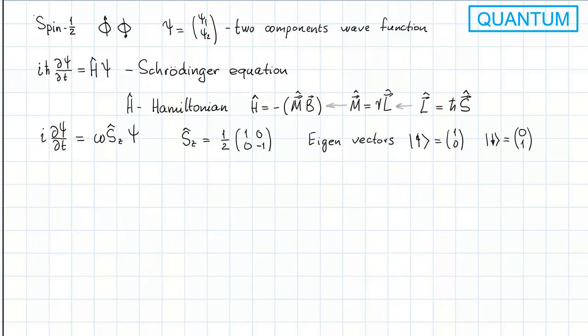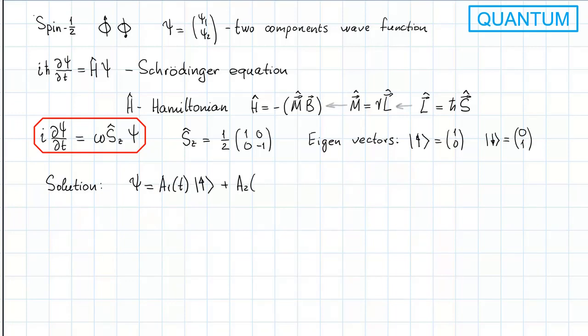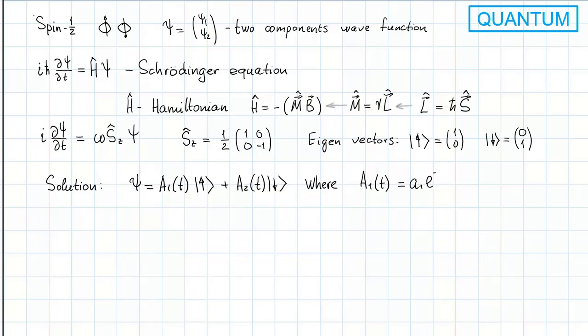A general solution of this equation can be written as a linear combination of vectors spin up and spin down with the time-dependent coefficients A1 and A2. The coefficient A1 of t is equal to some constant a1 multiplied with e to the power minus i omega divided by 2 multiplied by t.